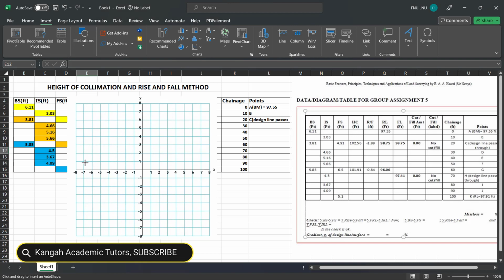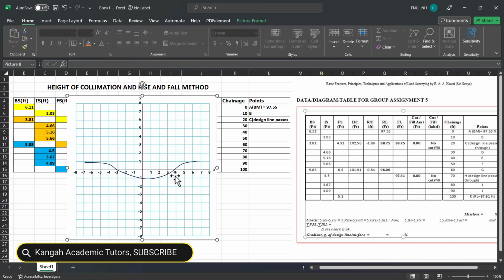Let's say this is our terrain. This is how the terrain looks. You can see here is below the 0.